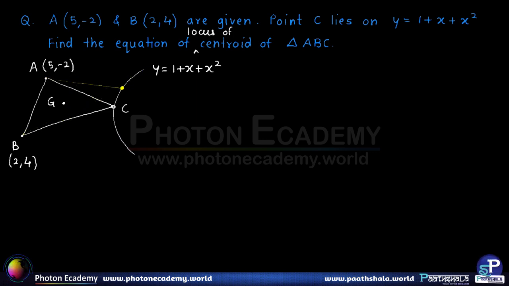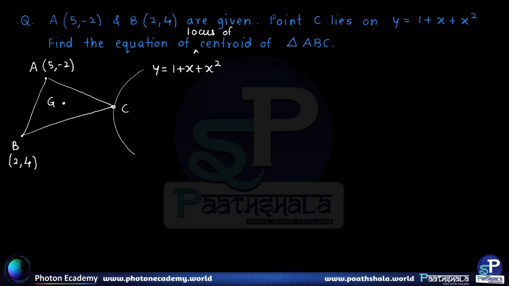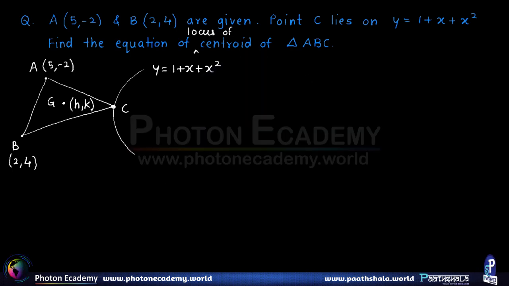So coming back to the given data, the point whose locus we want to find, we assume that point as (h, k). So let us assume that this G has the coordinates (h, k). Now if you observe, C is also a varying, moving point.